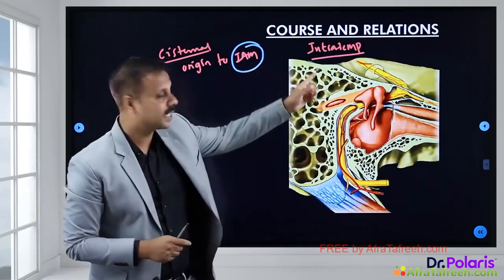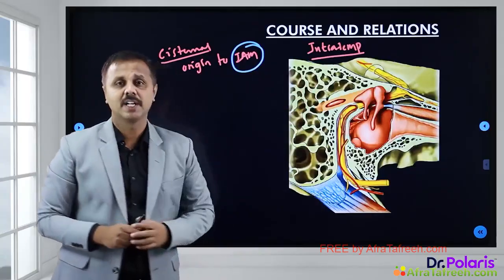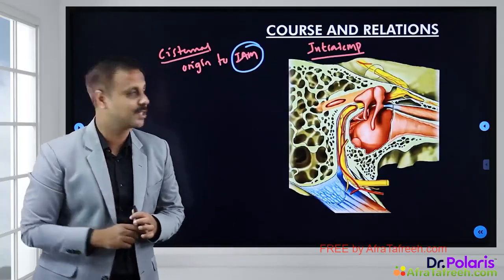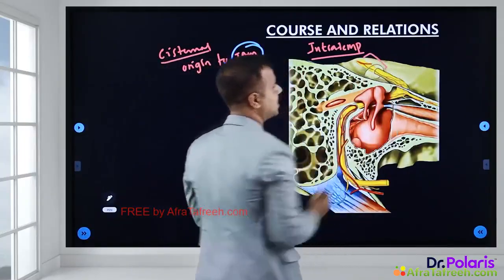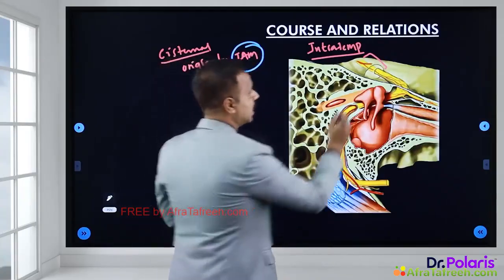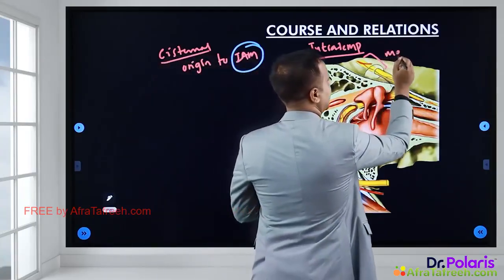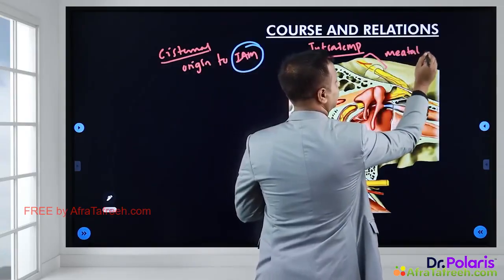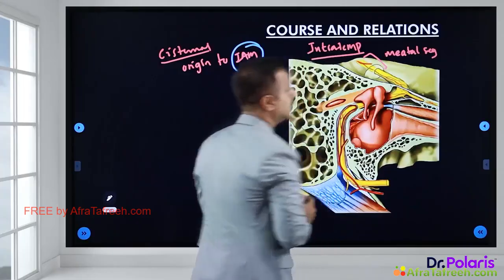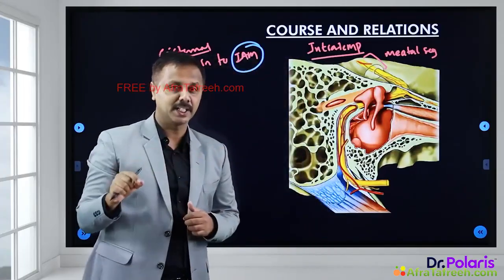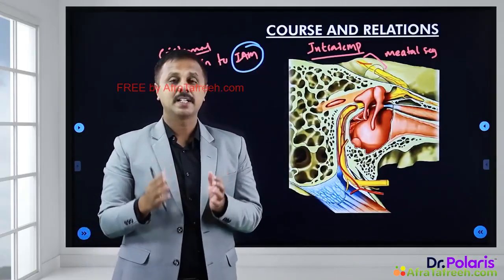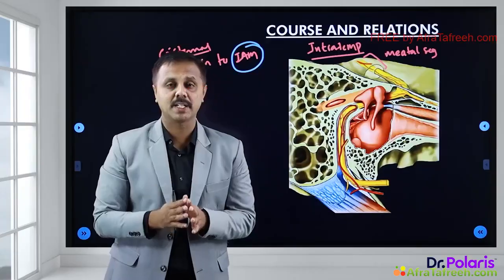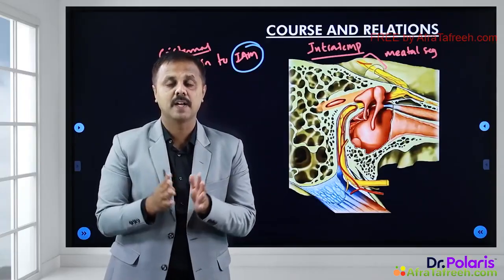Then when we come to the intratemporal part as seen in this image, it is divided into 4 segments as I mentioned. What are they? Now this segment which passes through the internal acoustic meatus is what we refer to as the meatal segment, because it is present in the internal acoustic meatus. And it is within this internal acoustic meatus that the 2 roots of the facial nerve will fuse.